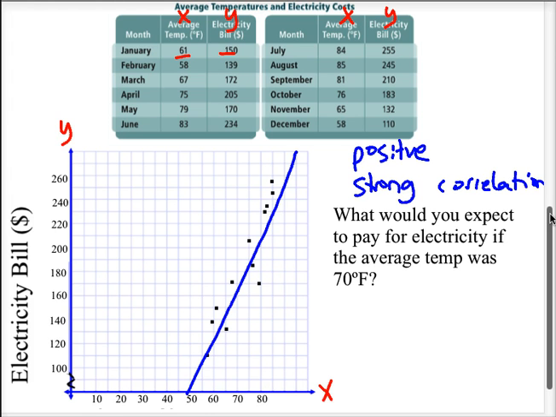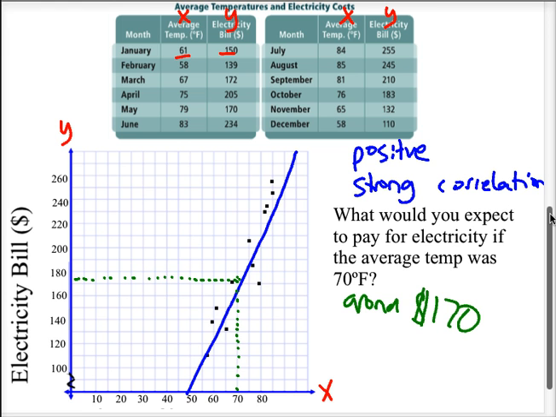All right. Now, if I'm just looking graphically and I want to make a prediction, say, I wonder what the electricity would be for an average temp of 70 degrees Fahrenheit. So if all you have is the graph, you don't want to find the equation of the line, all that stuff, all you really have to do is start at that 70, work your way up, and you would say, my electricity will probably be around $170.